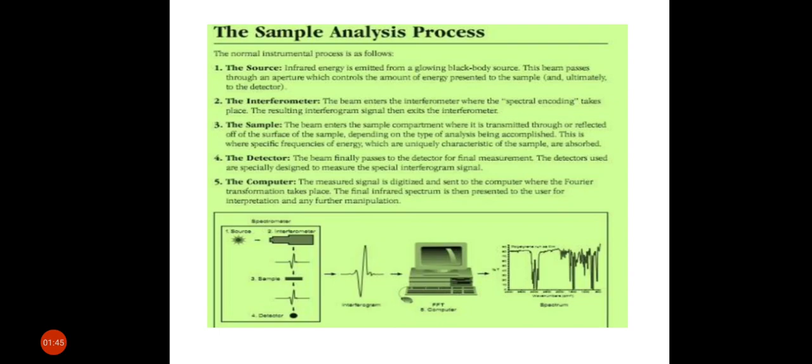So what is an IR spectrometer? The IR spectrometer is the instrument used in IR spectroscopy to analyze the sample and identify the functional groups of the sample. Now, what is the principle of the IR spectrometer?